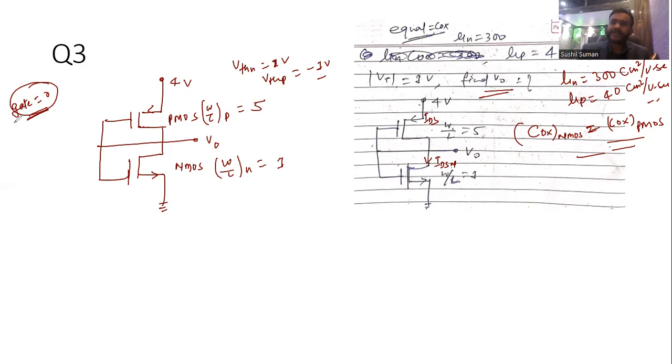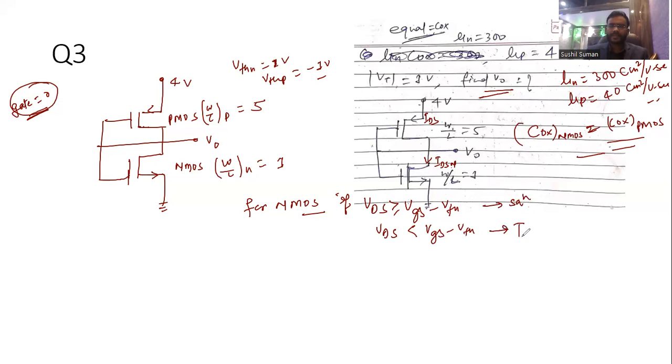Now you have to find how it is operated, in the triode region or in the saturation region. For NMOS, if VDS is greater than VGS minus VTH, then saturation; if VDS is less than VGS minus VTH, then triode region.